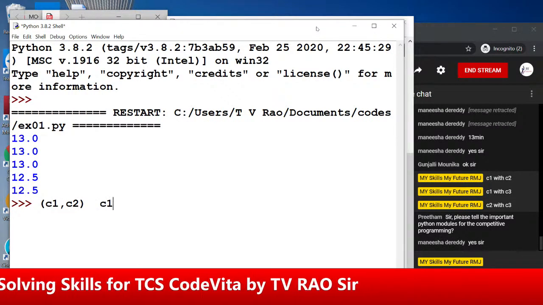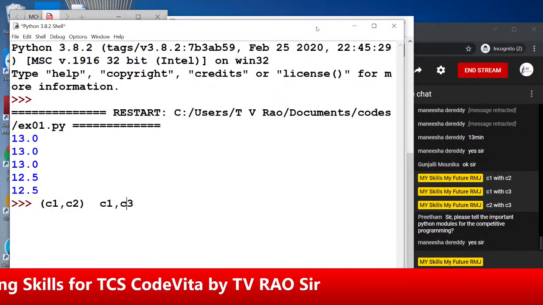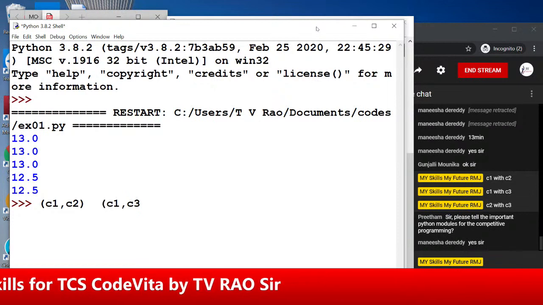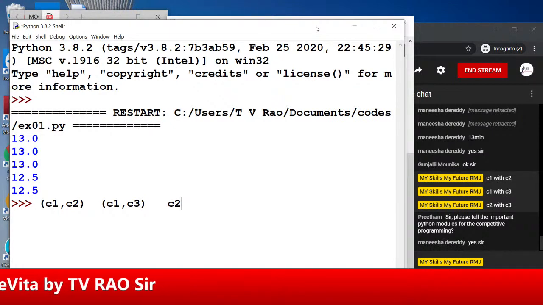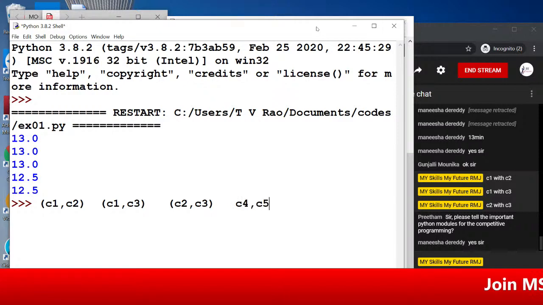Next, C1, C3 collide. Next, C2, C3 will collide. Next, C4 and C5 will collide.